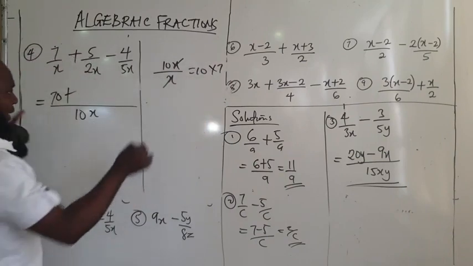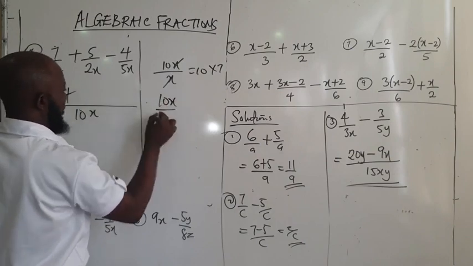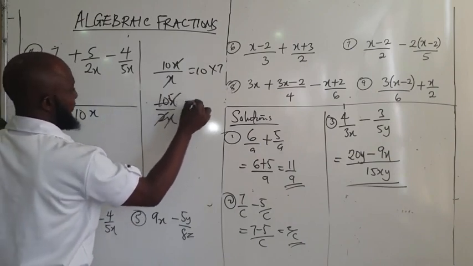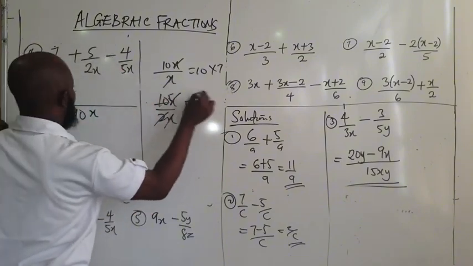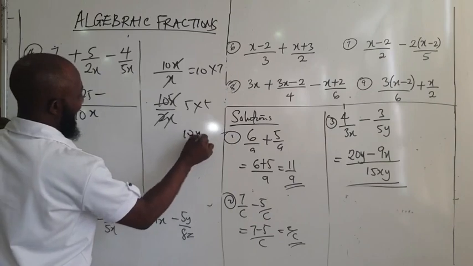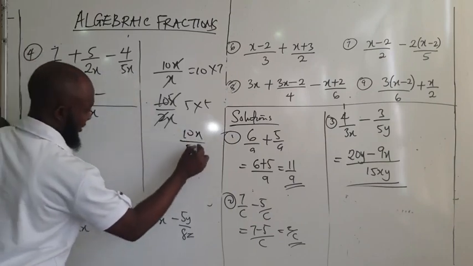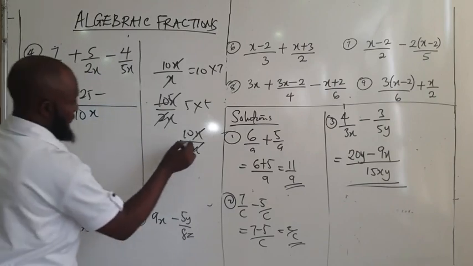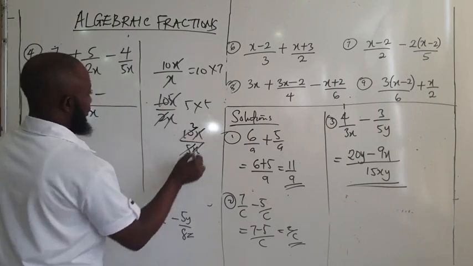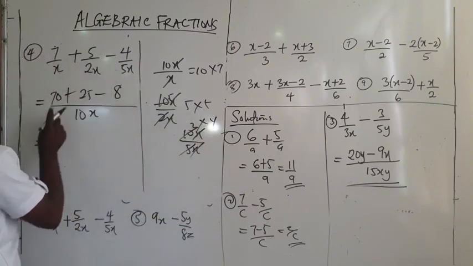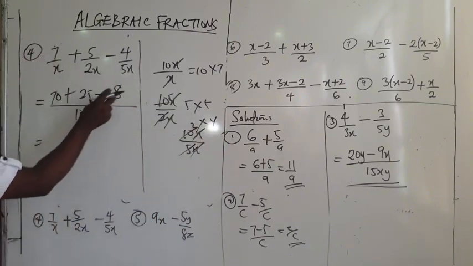Plus the same thing, 10x divided by 2x. x cancels x, 2 into 2 is 1, 2 into 10 is 5. So 5 times 5 gives us 25. Minus 10x divided by 5x. x cancels x, 5 into 5 is 1, 5 into 10 is 2. So 2 times 4 gives us 8.